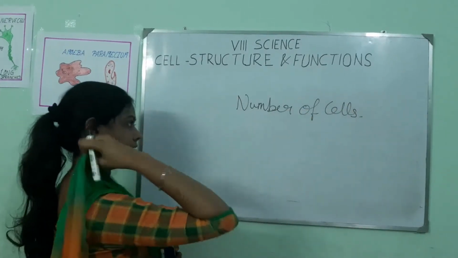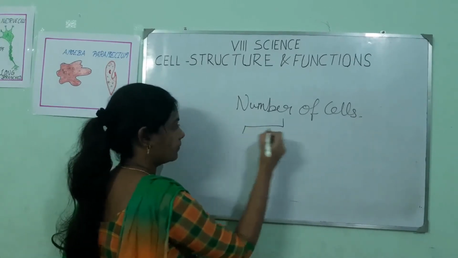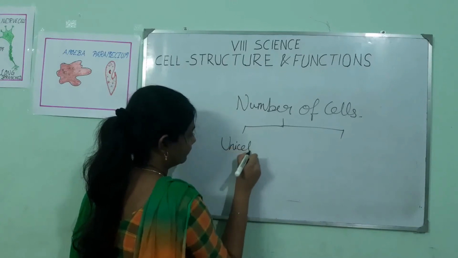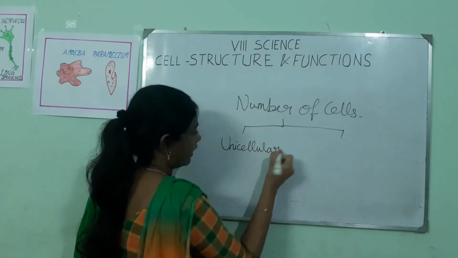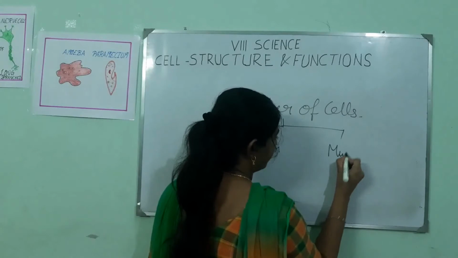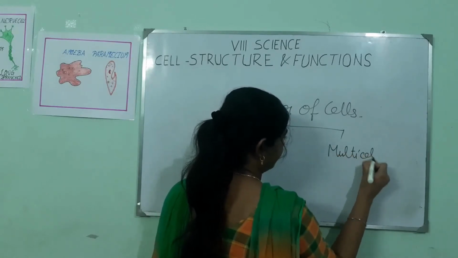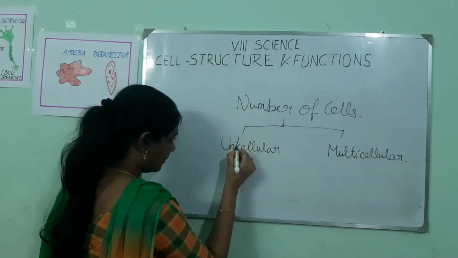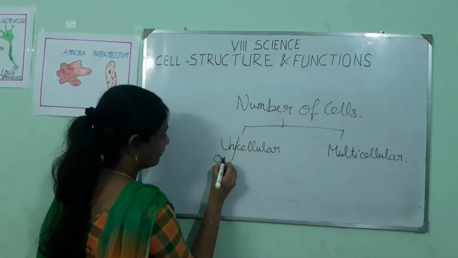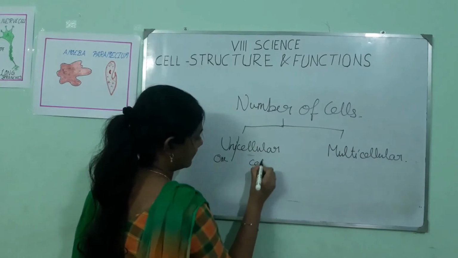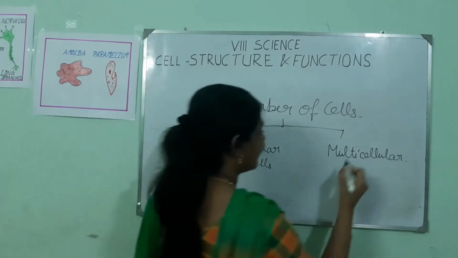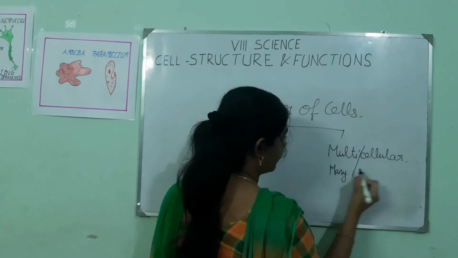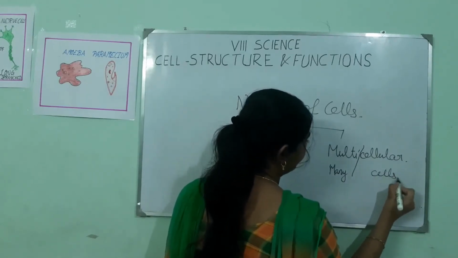Based on number of cells, they are categorized into 2: unicellular and multicellular. Here uni means one, cellular means cells. In the same way, multi means many, cellular means cells.